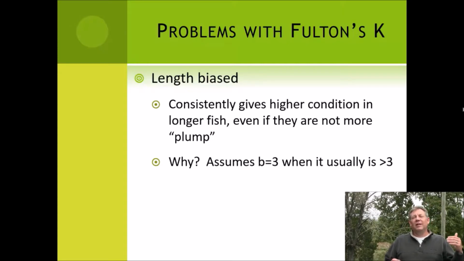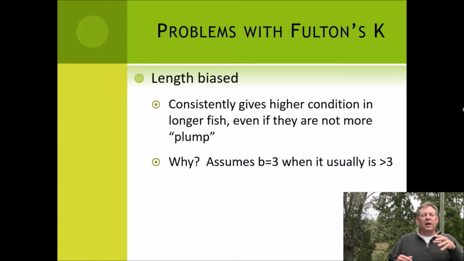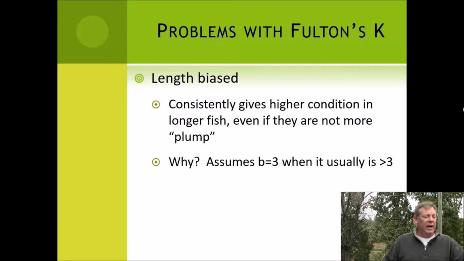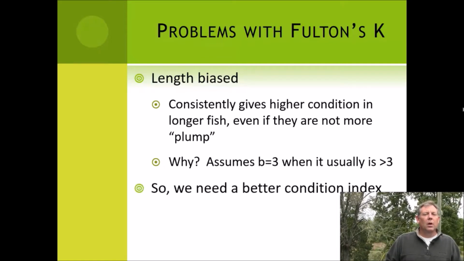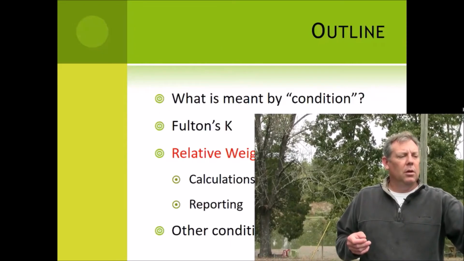So the fish naturally put on weight a little faster than the cube of the length. But if you assume that the growth is isometric, then it looks like your longer fish are always going to be in better condition, and we don't want that. And so we need a better condition index, and that's where relative weight comes in.